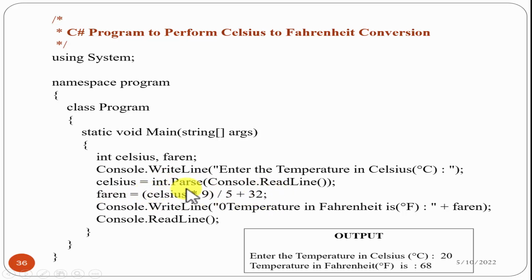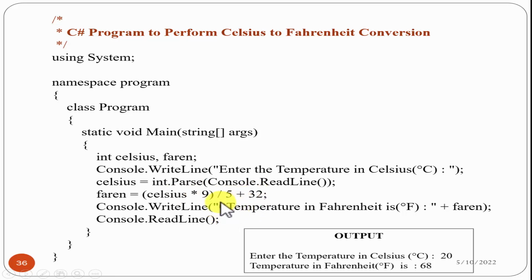We are using here the precedence of operators. First is parenthesis, then division, then addition. We know very well the PEMDAS or BODMAS rule from mathematics, and in our system we use the same rule, so we calculate accordingly.